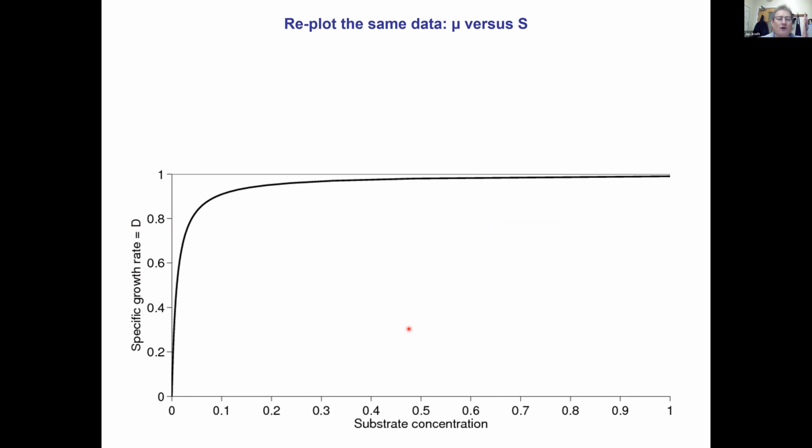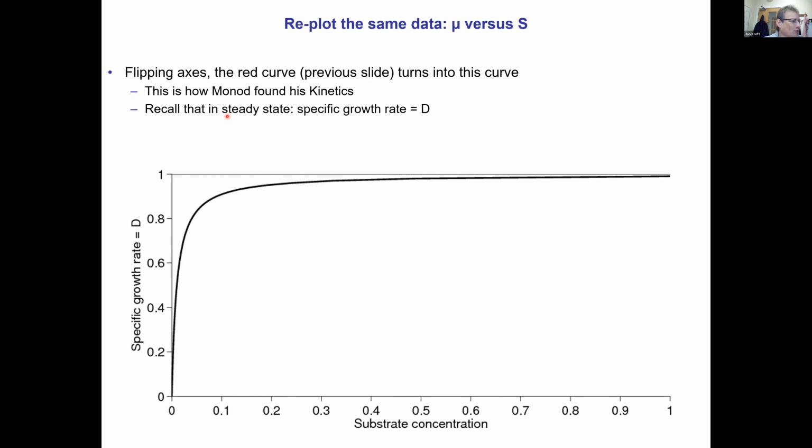This curve you have already seen, this is our Monod kinetics. So this is actually how you can measure Monod kinetics experimentally, by running a chemostat at different dilution rates and measuring substrate concentration at different dilution rates, and you can construct this curve. So this is how Monod found his kinetics, by doing these experiments.